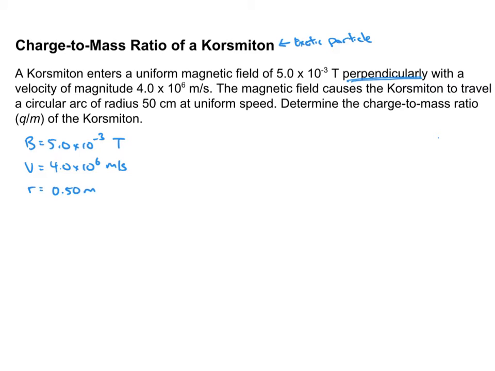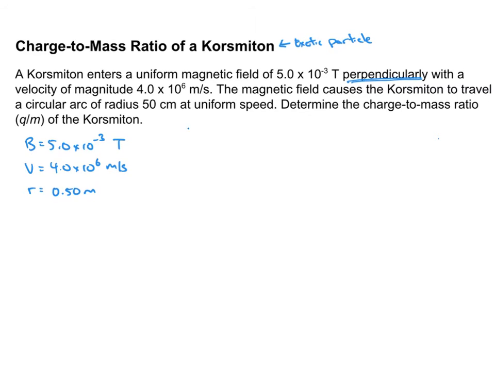So we're going to use the uniform circular motion formula. The centripetal force equals the mass times the centripetal acceleration, where the centripetal force is provided by the magnetic force, which has a formula of Q V B times sine of theta, but theta is 90 degrees, so we don't need to write that.